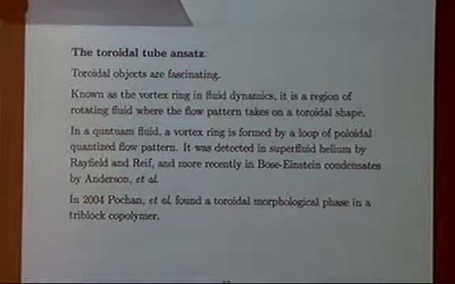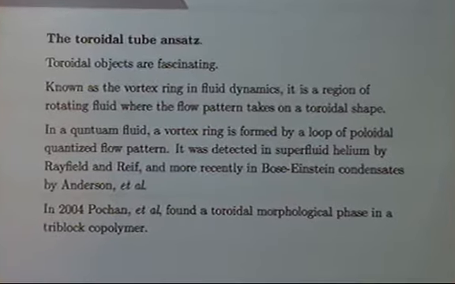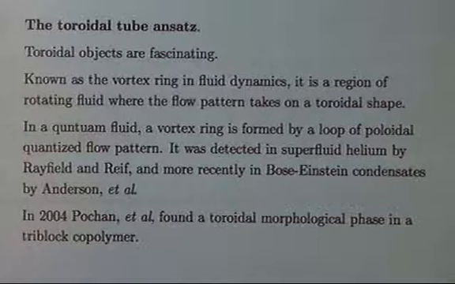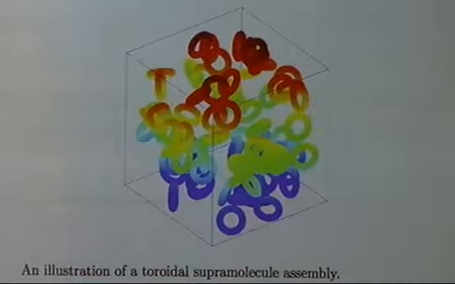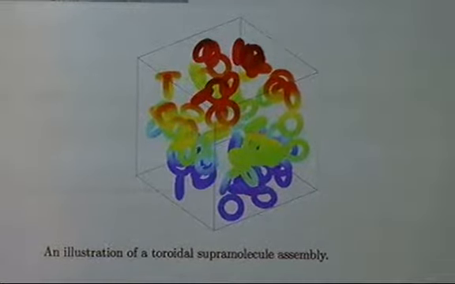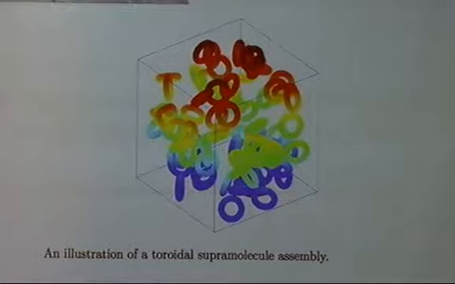And also, in polymer theory, rather recently, people have also observed this kind of toroidal tube structures. The structure I'm talking about is a set of many components, and each component is like a donut, like a torus. So this is the picture I'm interested in.